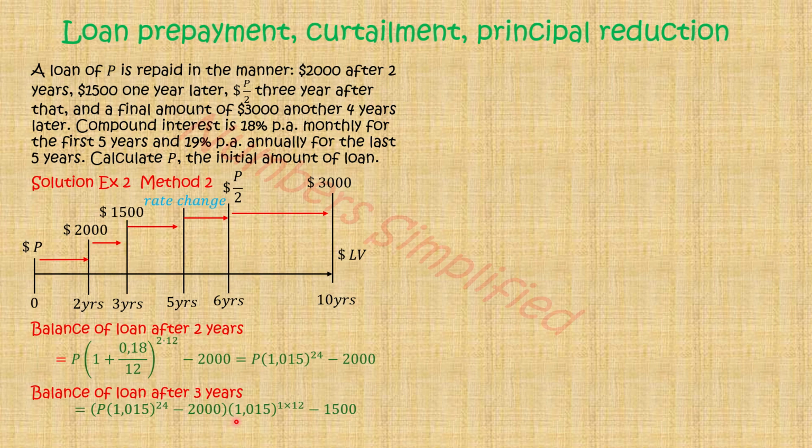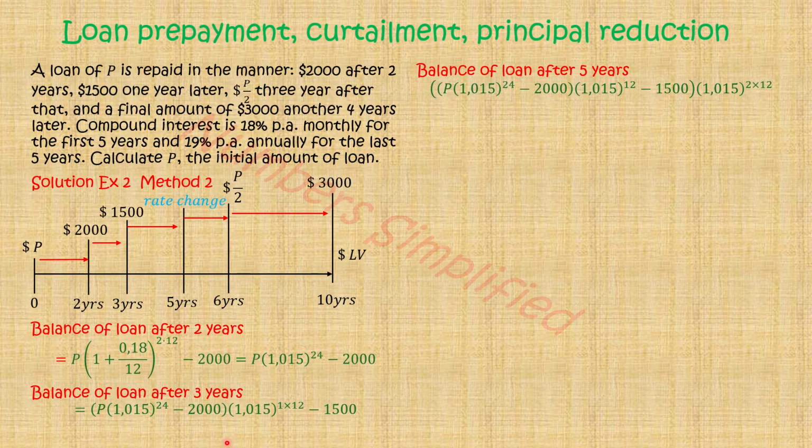Right, so we see that in the 5th year, things change. The rate of change changes. So we need to calculate what the balance of the loan is up until the end of the 5th year, because beyond that, we would be using a different interest rate.